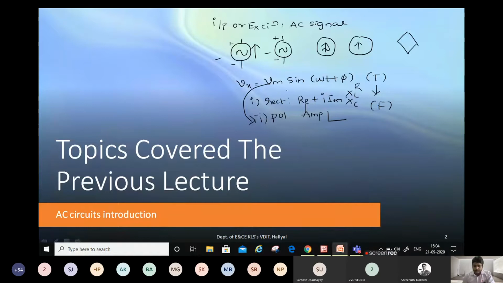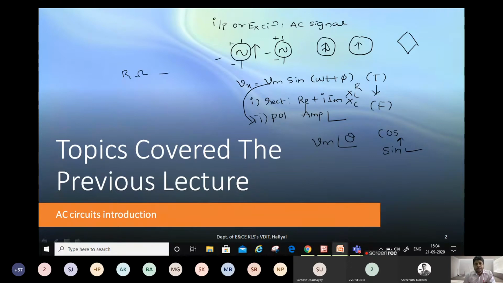Now, if this is the given equation, it can be converted into polar form as Vm at an angle theta, and preferably we use the cosine signal. If a sine signal is given, no problem, you can use it as it is, otherwise you can convert it into a cosine signal.